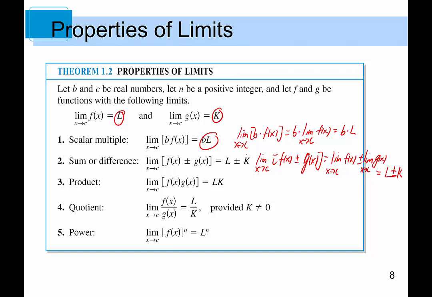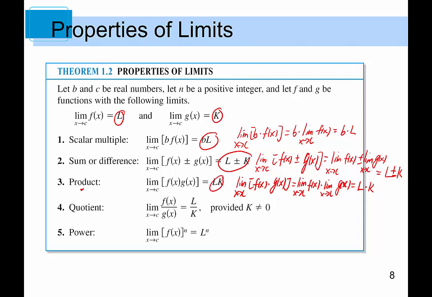So this is like a quick proof of all these outcomes, right? And the product, the limit x approaches c for f of x times g of x, you can separate into two different limits and multiply them. Limit for f of x is L, limit for g of x is k. So L times k.